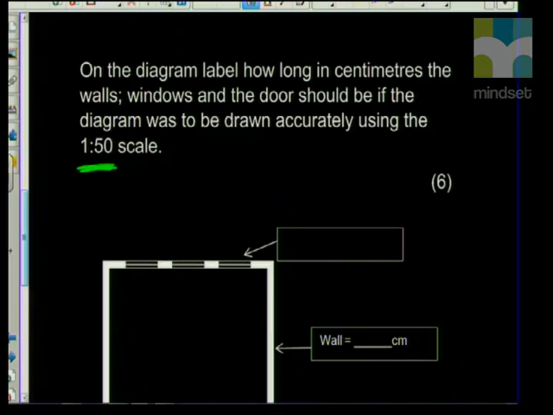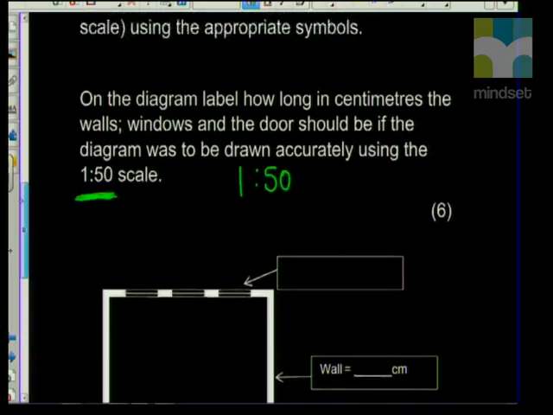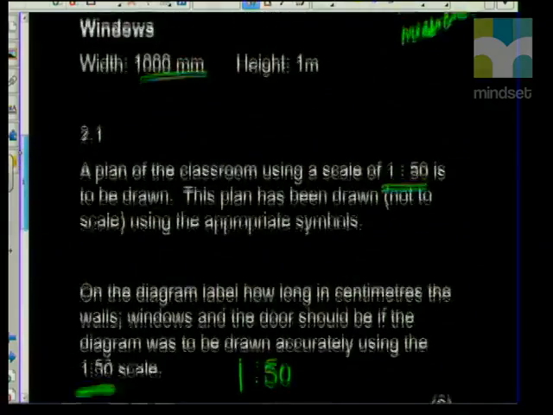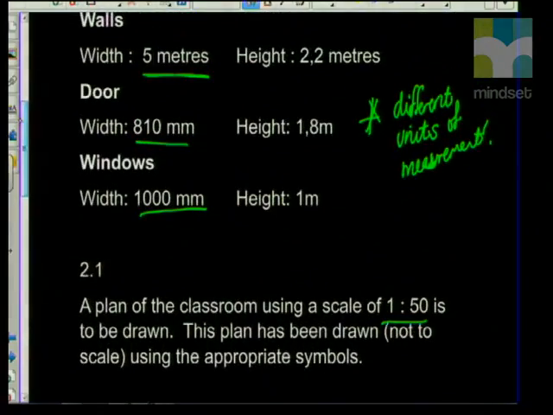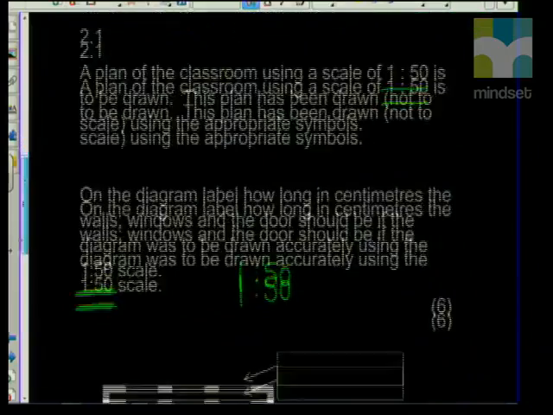So let's have a look at what does 1 to 50 scale mean. 1 to 50 means that for every 1 centimeter, meter or kilometer, there is 50 of the same units on the map. So if I had a look at, for example, my map, they've given us that the width of the walls is 5 meters.